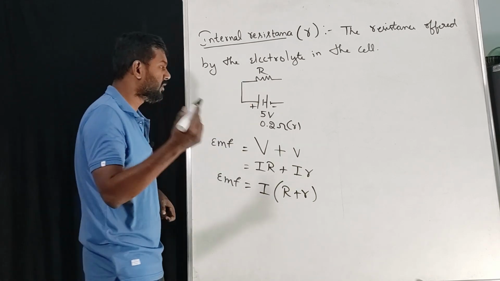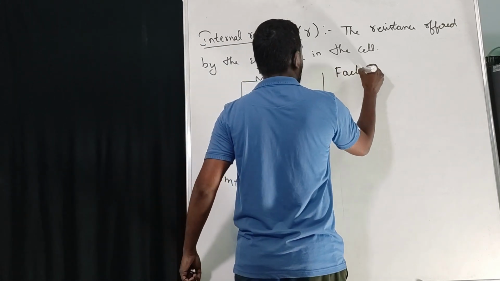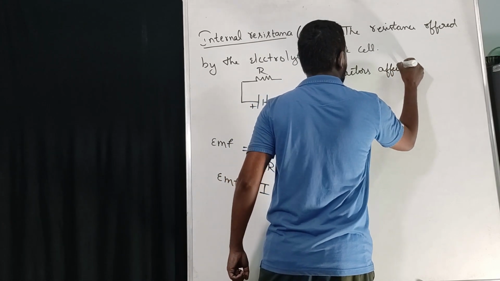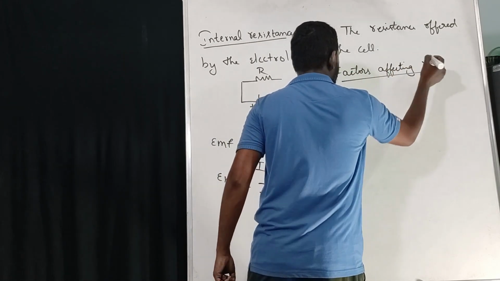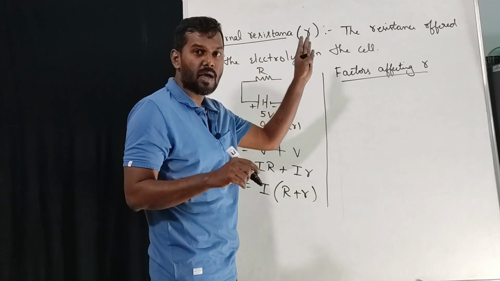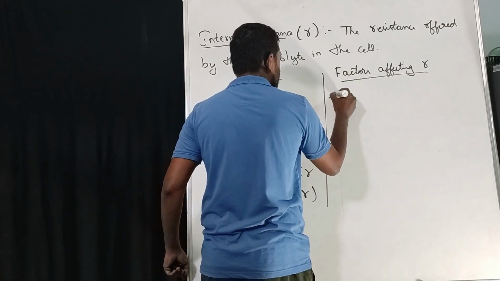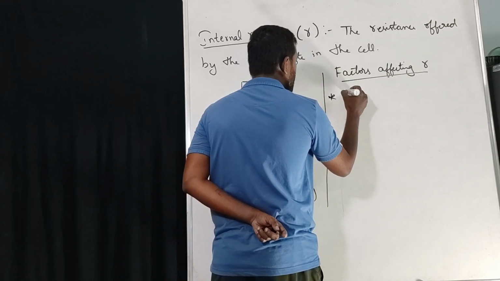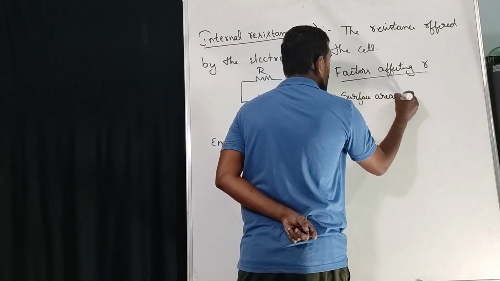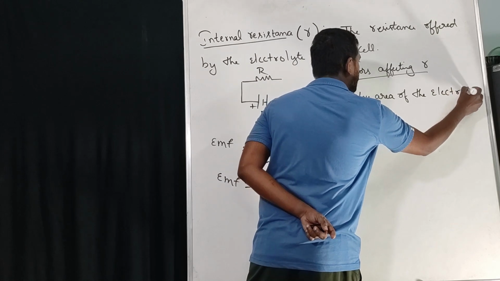Now we will learn the factors affecting internal resistance. Again I am using symbols, but in the exam you should never use symbols. You have to use the expanded form. Internal resistance you have to write. The first factor is the surface area of the electrode.